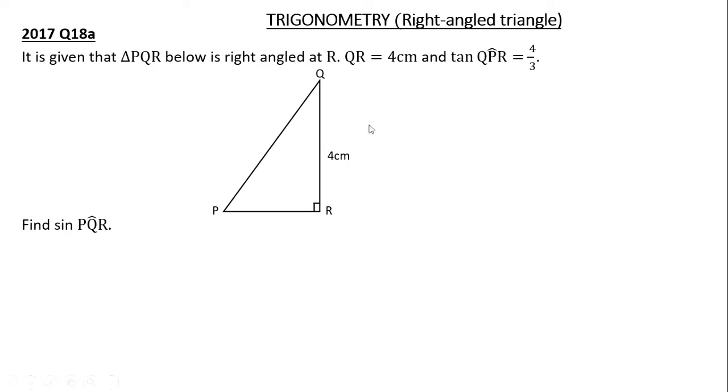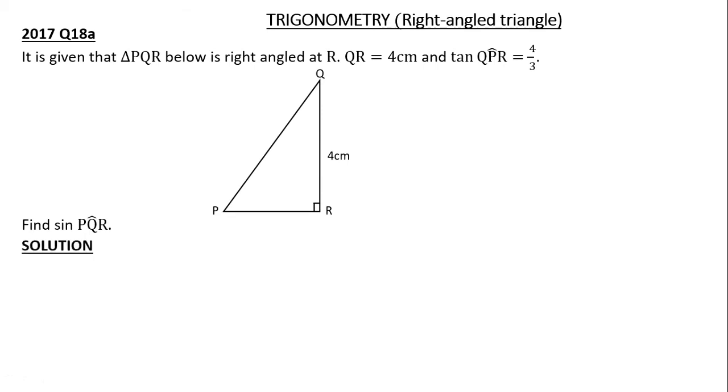So tan QPR is where we have the angle at P. Our adjacent is PR, meaning our PR must be 3 centimeters.